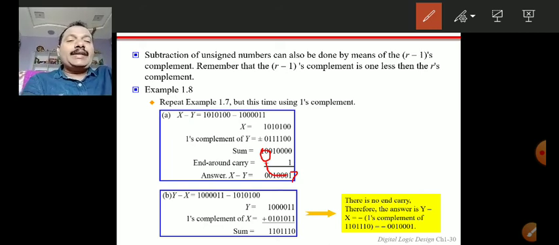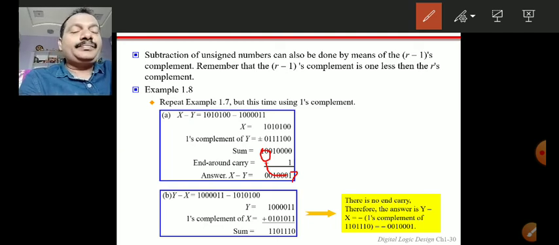Similarly, for y minus x also, you have to do the same thing, but anyhow you will not get any carry in this case, so you need not add a carry because there is no carry generated. So this is the 1's complement method of subtraction using these two examples.